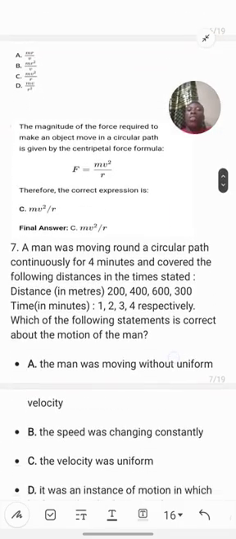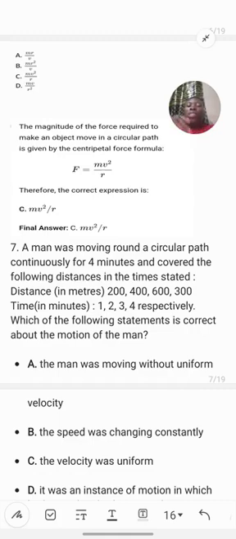Now on to the next one. They say a man was moving around a circular path continuously for 4 minutes and covered the following distances in the time stated. Distance in meters: 200, 400, 600, 300. Then the time in minutes is 1, 2, 3, 4.